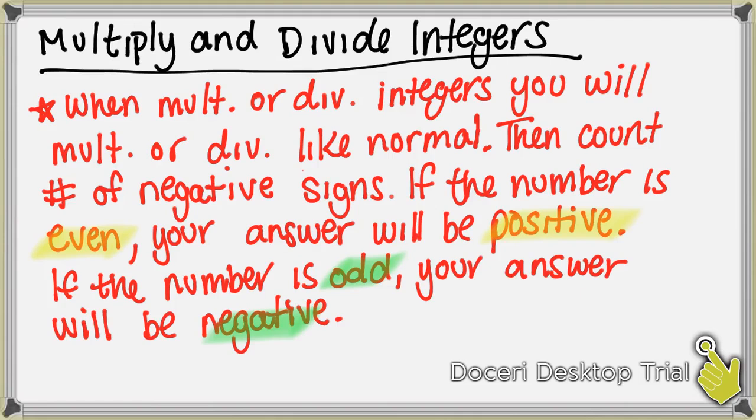All right. So this is what I mean by that. Let's say we had a practice problem. Now please make sure that you know that if there's parentheses and no plus or minus sign in between, that means it's multiplication.